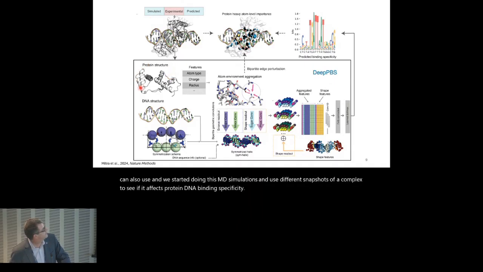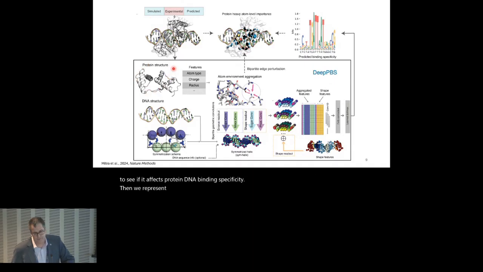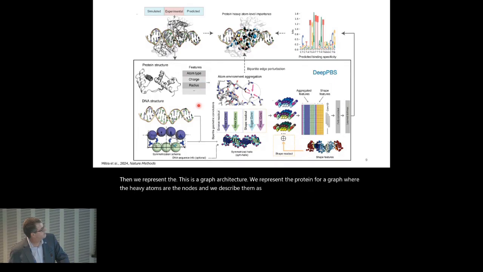Then we represent this as a graph architecture. We represent the protein through a graph where the heavy atoms are the nodes, and we describe them as atom type, charge, and radius to go back to physical and chemical interactions.